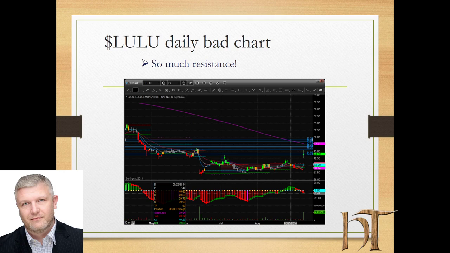So the low of that candle, that orange candle, looks like it's 44.08.